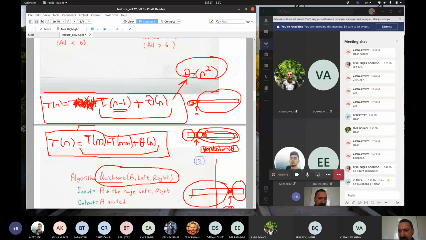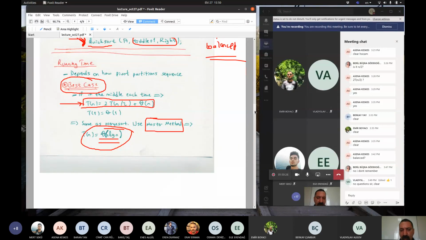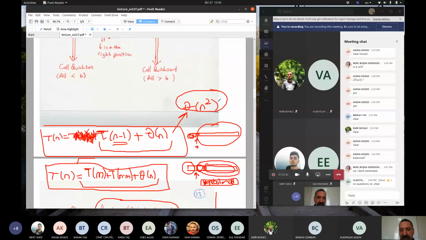The best case running time of quicksort is exactly the same as the running time of merge sort and heap sort, both of which had a running time of theta n log n, and its worst case running time is the same as the worst case running time of insertion sort.